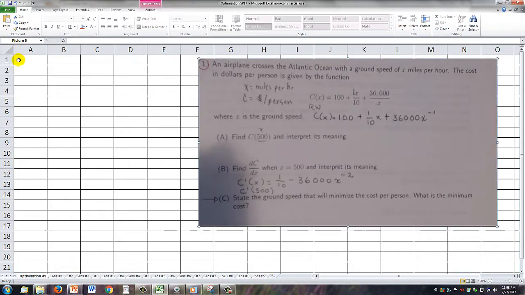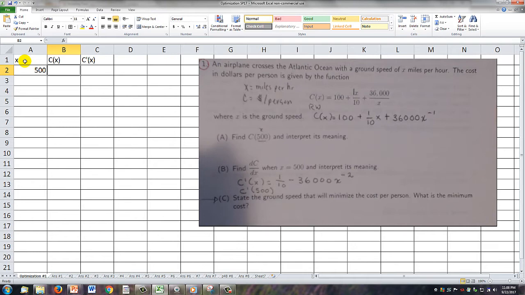Okay, so if we want to put in our information in Excel, x is my input, it's miles per hour, and then I'm going to put this cost per person function in, and then I'm going to put the derivative in. And I know I'm going to be evaluating 500, so I'll go ahead and do that, but another part is we've got to figure out a really good domain, so we'll come back and do that.